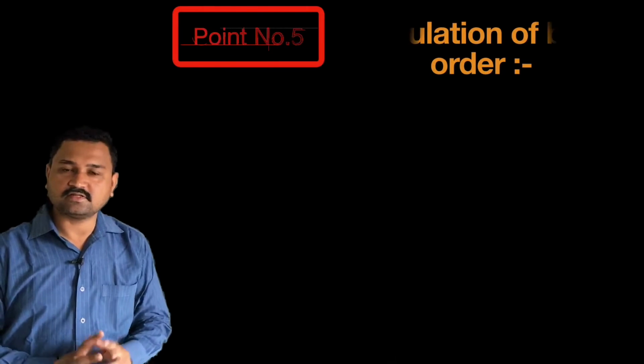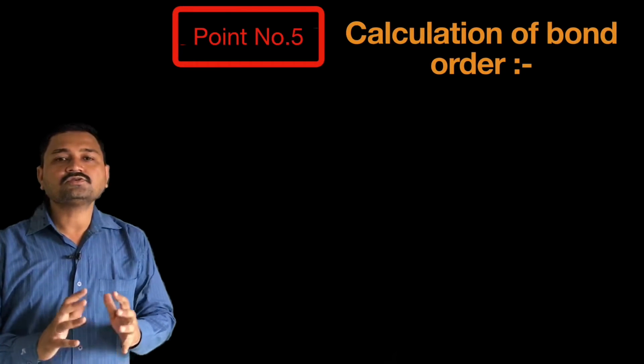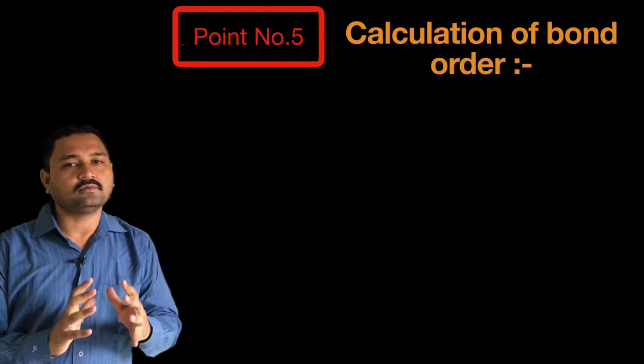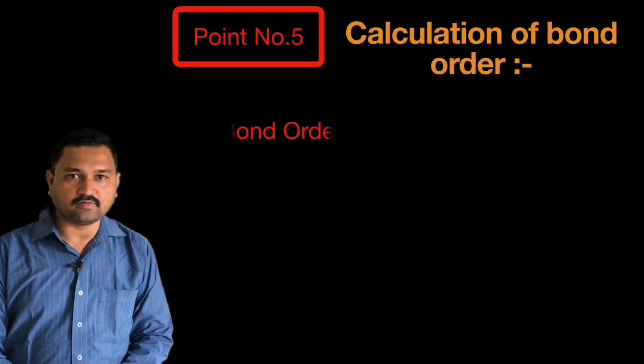Now the next, that is step number 5. Here we are going to calculate the bond order for the diberyllium molecule.